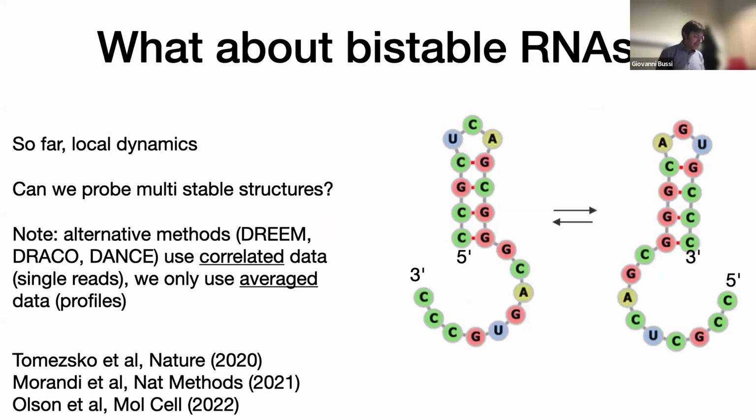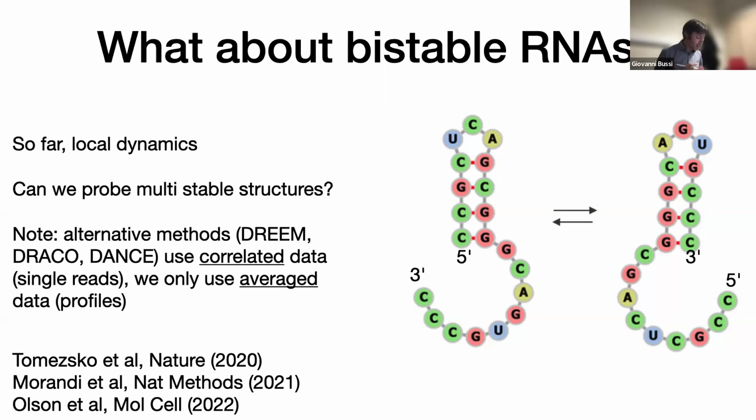Okay, this is basically local dynamics. What I'm saying is that by allowing these local fluctuations, I can better describe the observed DMS reactivity. But the natural application of this should be to look for bistable RNAs where you have two completely different structures that compete. And in fact, the standard way to analyze these systems is to use methods like DREAM, DRACO, or DANCE that use correlated data, or single molecule data, as sometimes people call it, which basically means individual reads.